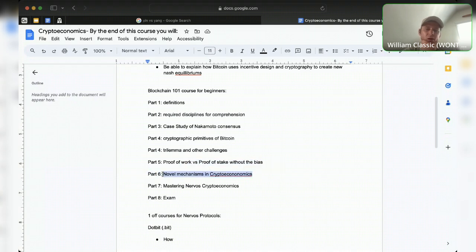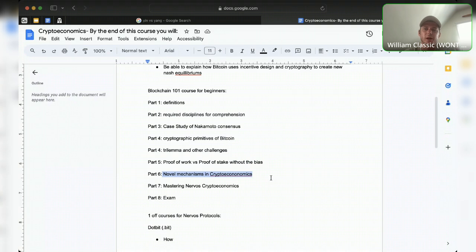Then we'll go into novel mechanisms in crypto economics. So we'll look at interesting incentive designs in DeFi, for example. We'll look at different types of incentive structures, basically. Let's say burning, for example. Burning and proof of stake systems only came out a few years ago, so it's still relatively novel as an idea, and it changes the incentives of the blockchain very drastically.